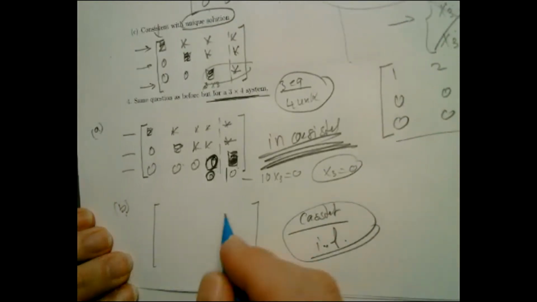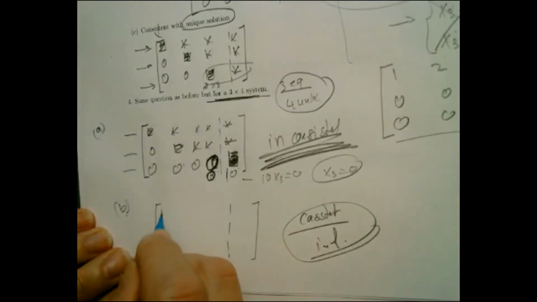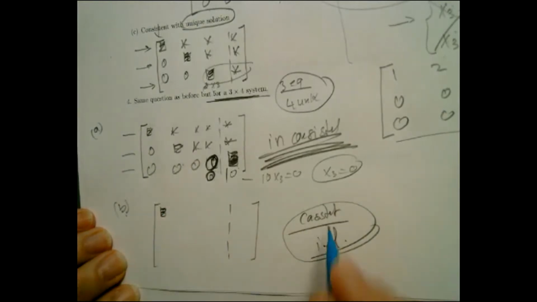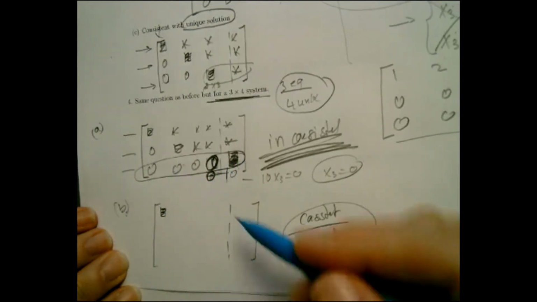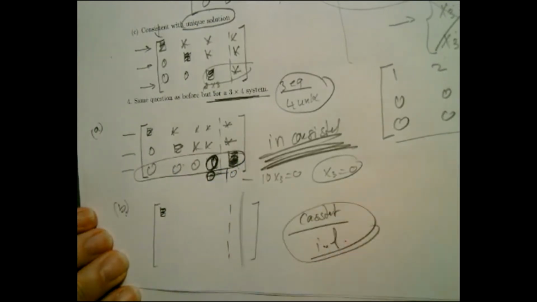I want it to be consistent, and I want it to have infinitely many solutions. What is the picture? Very quickly. Consistent means I need to avoid the scenario where I have a leading entry in the last column of the augmented matrix. That will guarantee the consistency. Infinite means I need one of the variables to be free.